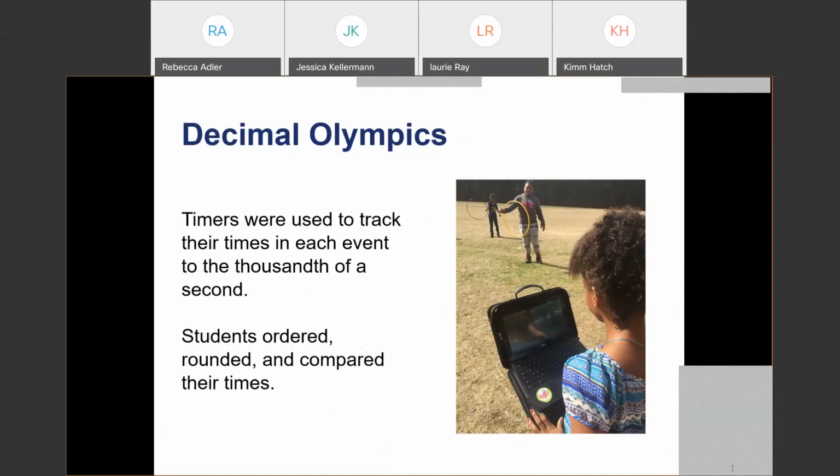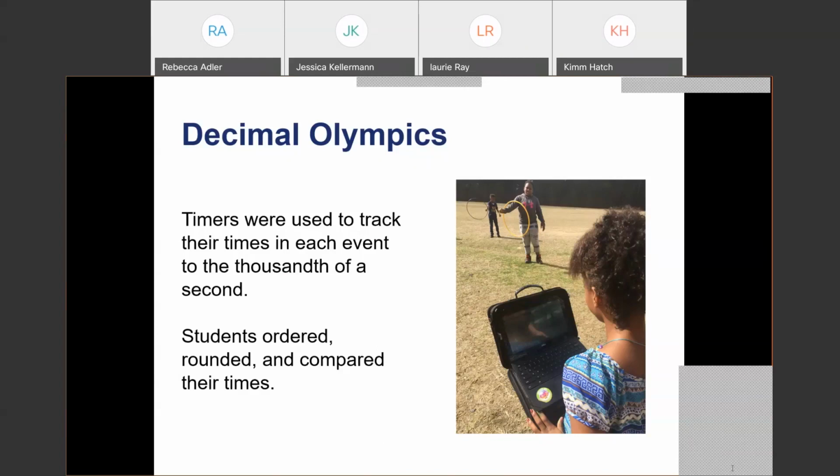They took turns timing each other in actual Olympic trials, and we came up with, as a class, what trials they would do. The one you see here is they had to see how long they could keep that hula hoop going around their arm. Their partners would time them.